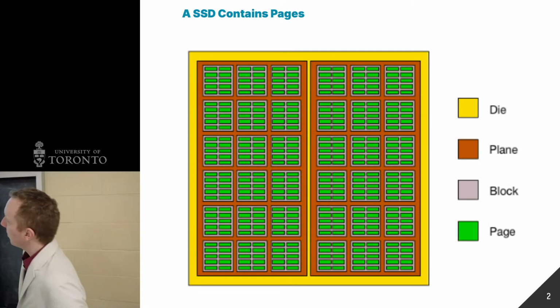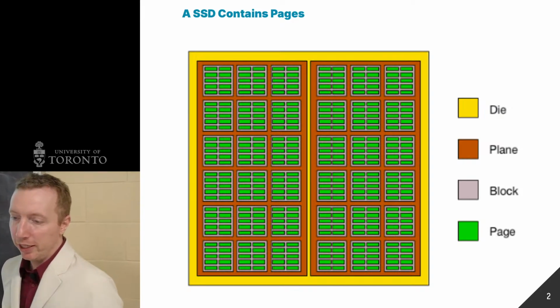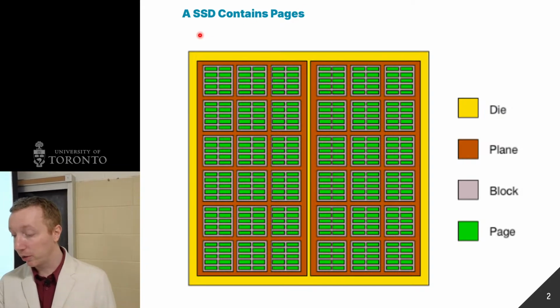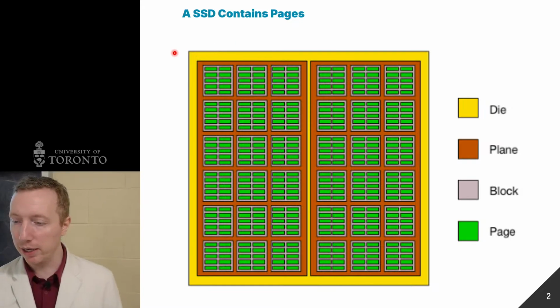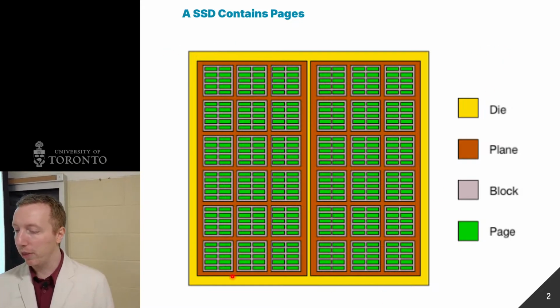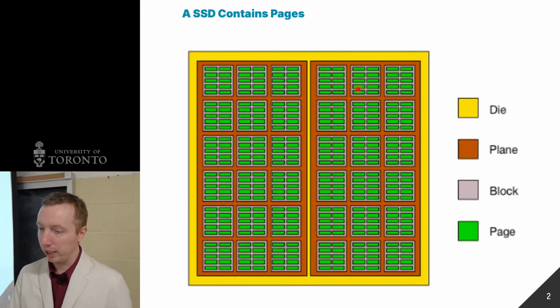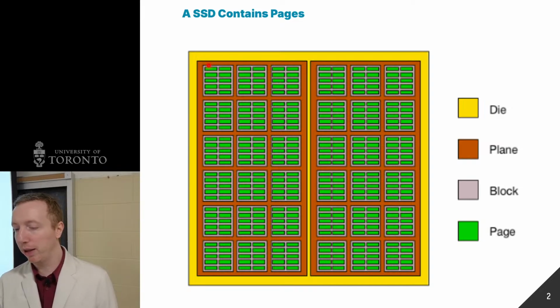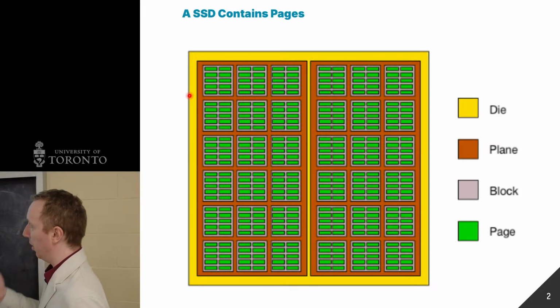How an SSD is laid out in hardware is it's divided into these parts. All the storage lives on a die, and then within a die is split into multiple planes. We don't really care about that. What we start caring about is within a plane, there are multiple blocks, which does not correspond to an actual block.